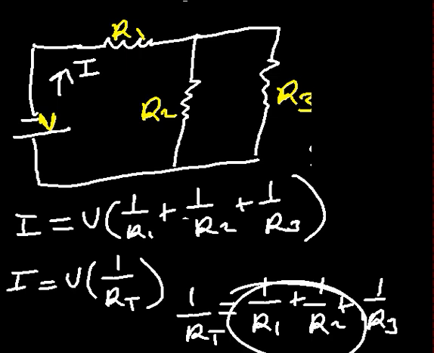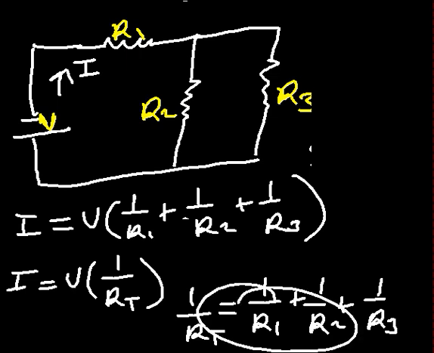So that is the formula. That's how you have to understand the equivalent resistance for the resistors that are in parallel. So that is the formula.